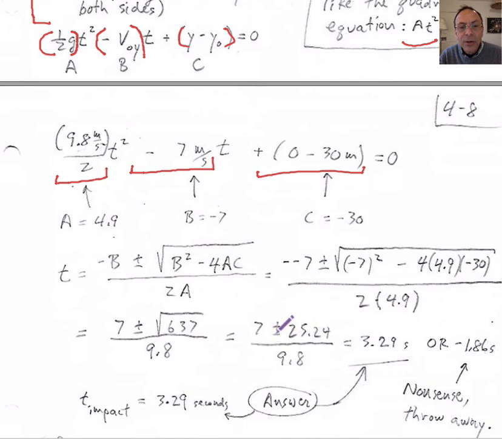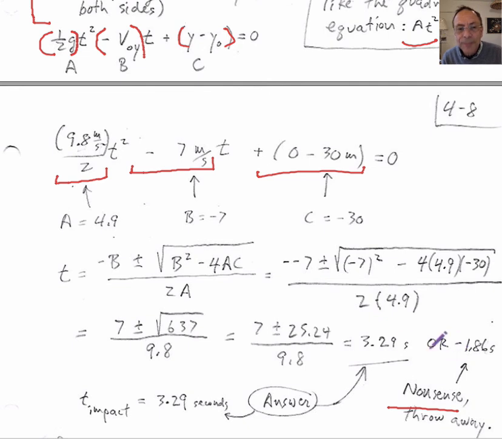Don't forget that there are two answers, a plus and a minus answer, which is confusing, I know. Only one of those two answers is of any use. And so part of your task as physicists is to figure out what piece of the answer is useful and which piece is garbage. You can't have a negative impact time, so that's garbage.